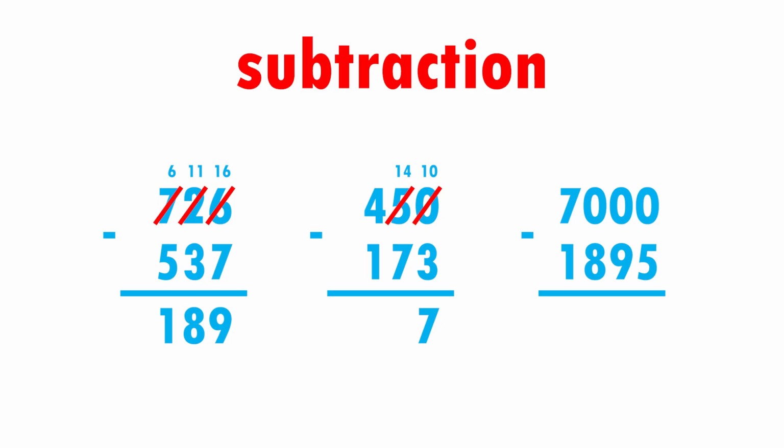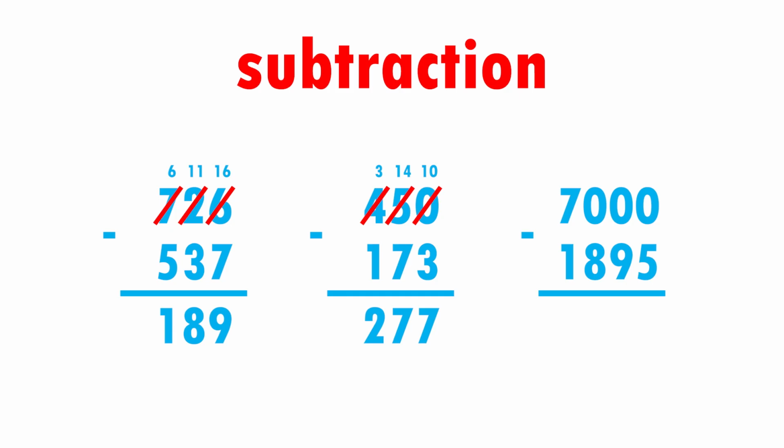The 4 becomes 14, and the 4 in the hundreds place turns into 3 because it lent 1. Now we subtract. 14 minus 7 equals 7. Finally, in the hundreds place, 3 minus 1 equals 2. So, our difference is 277.